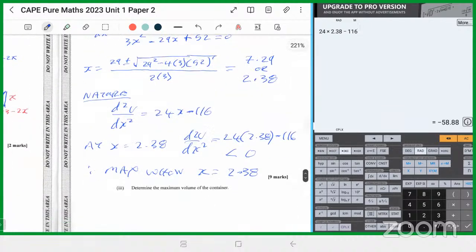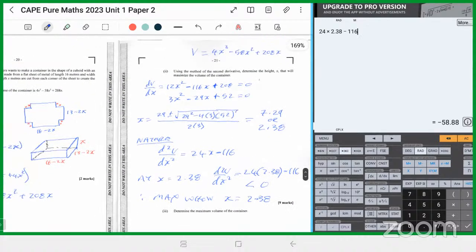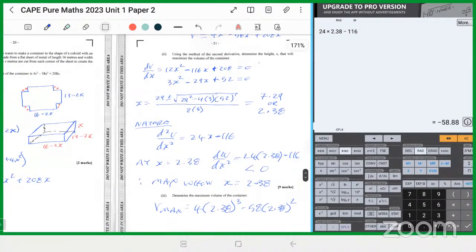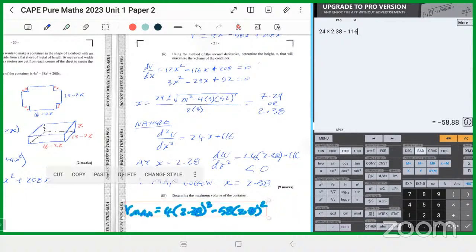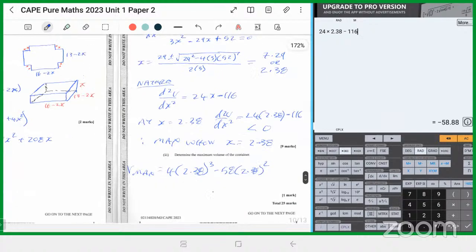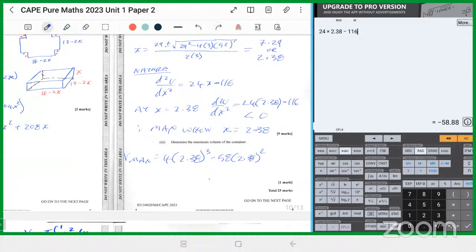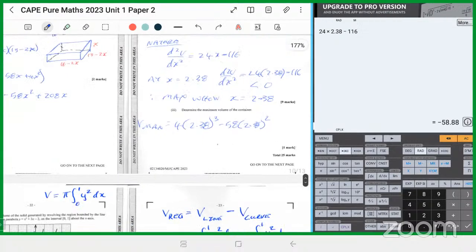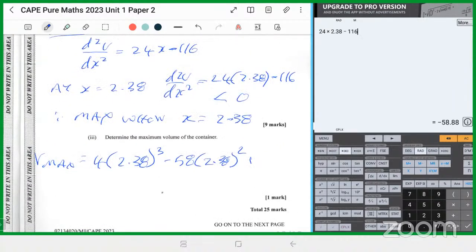The next part now says determine the maximum volume. So for the maximum volume, you plug this back into the volume formula to get it. So the maximum volume would be 4 times 2.38 cubed minus 58 times 2.38 squared, plus 208 times 2.38.